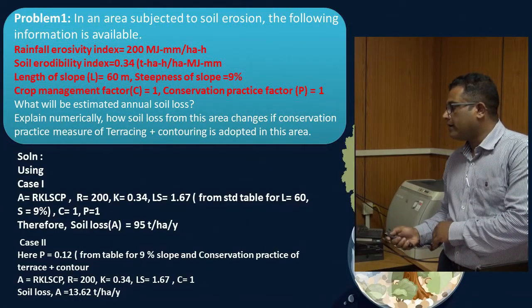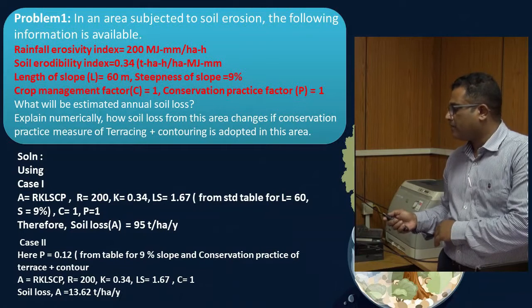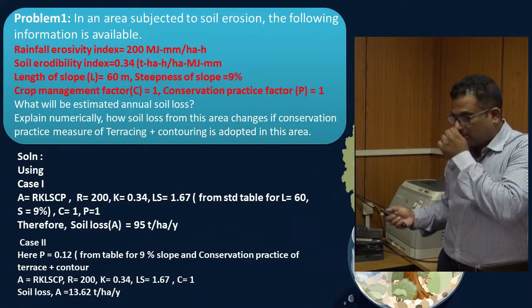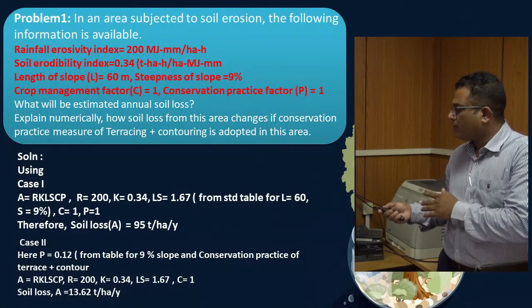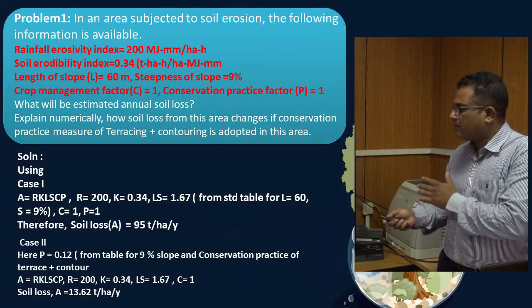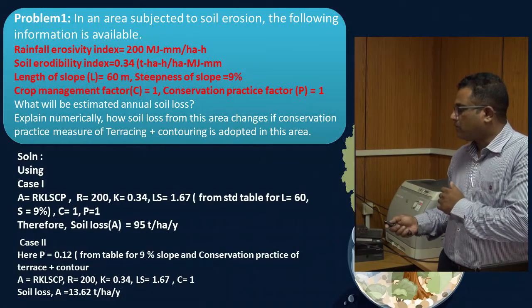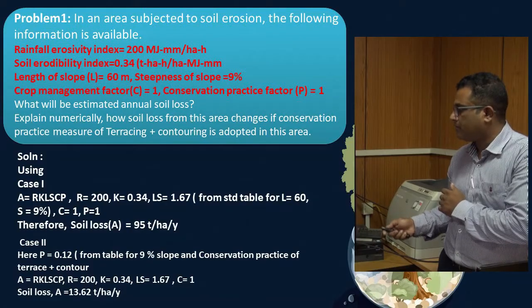Soil erodibility index 0.34 ton hectare hour per hectare megajoule mm. So it's a little confusing. This type of unit is coming just because of the interaction between this erosivity and erodibility. So you have to remember, especially the units. This bracket will also come here.